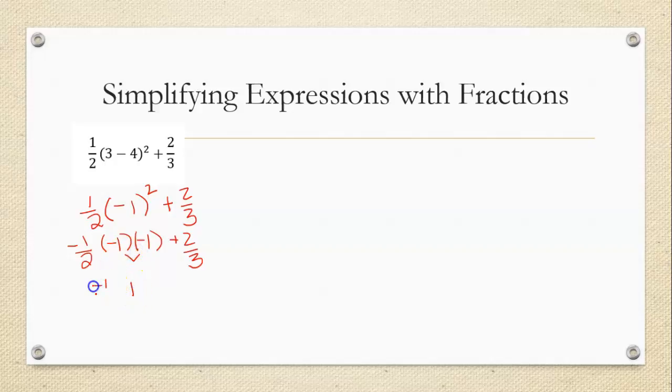I'll bring down the -1/2. So -1/2 times 1, that's just -1/2. Anything times 1 is itself. Now let's find our common denominator. I'm going to multiply this side by 3/3, and this side by 2/2.